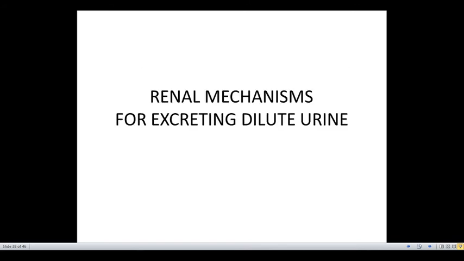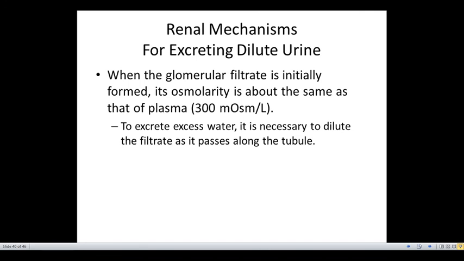Now let's study renal mechanisms for excreting dilute urine. When the glomerular filtrate is initially formed, its osmolarity is about the same as that of plasma, that is 300 milliosmoles per liter. To excrete excess water, it is necessary to dilute the filtrate as it passes along the renal tubule.